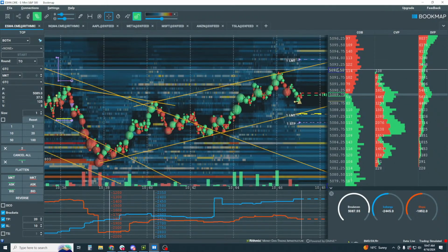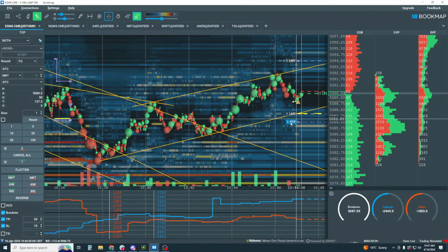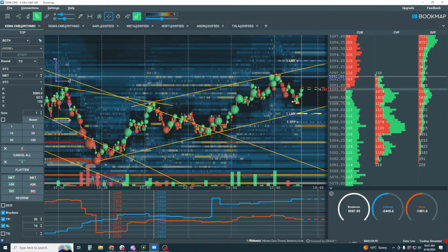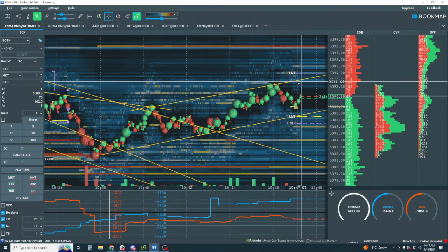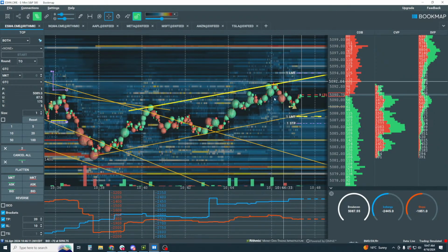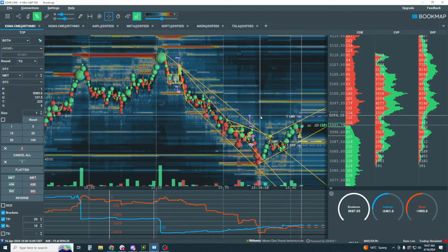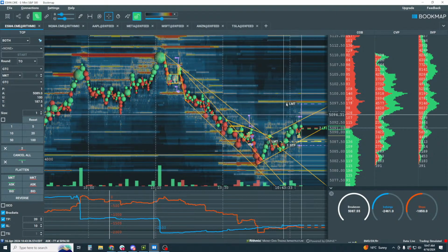All right, now, again, we're not trying to call a top or a bottom or anything like that in here. We're looking at ranges. Okay, so this would be the top of that range in here. Well, maybe we want to be a seller in there. Maybe our limit is fine. Or maybe we're looking for something bigger. Okay, so let's do this. Let's look for a bigger move.